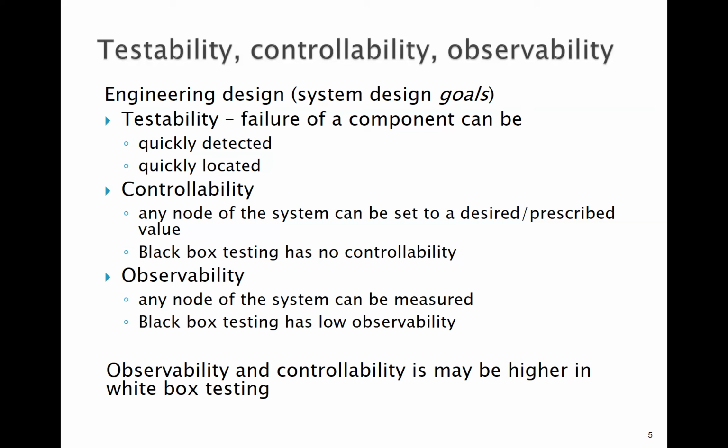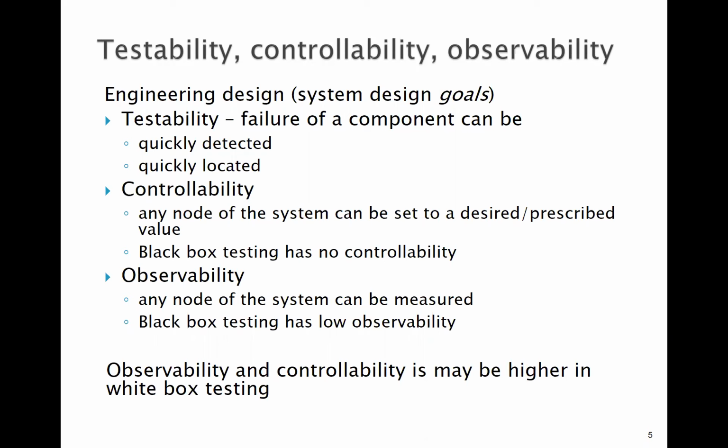Controllability. Any node of the system can be set to a desired or prescribed value, and usually black box, as we expected, does not have controllability, while white box somehow may have the ability.